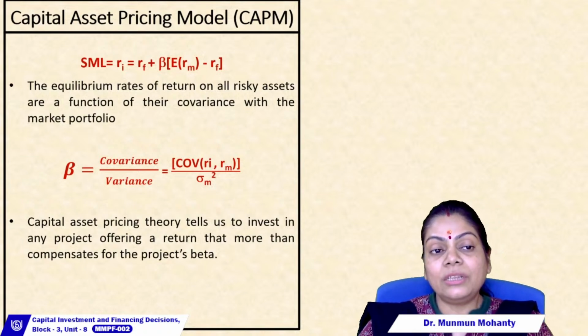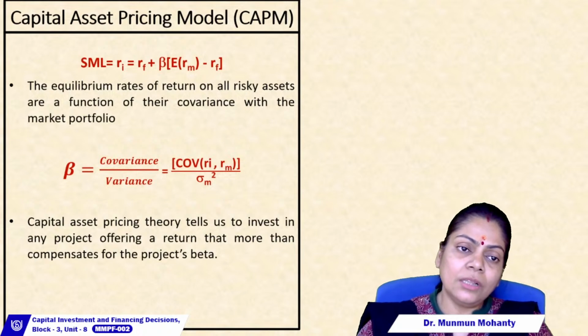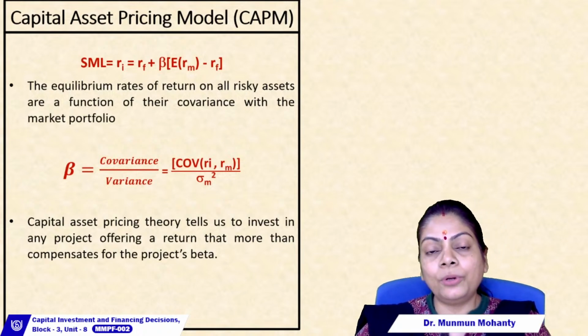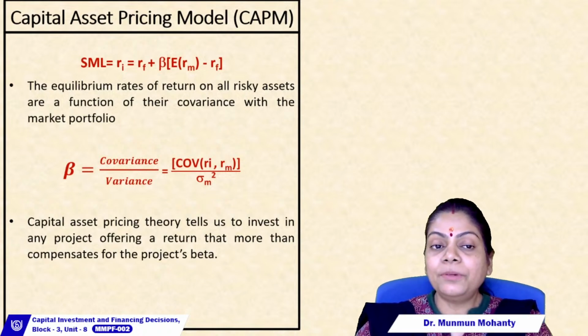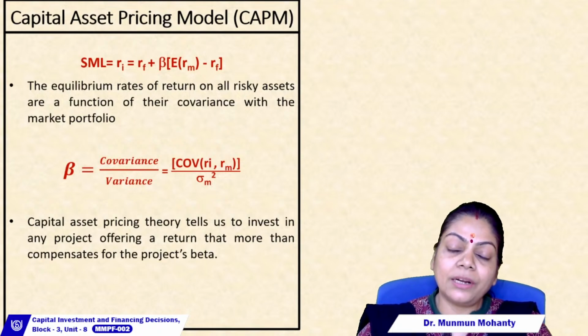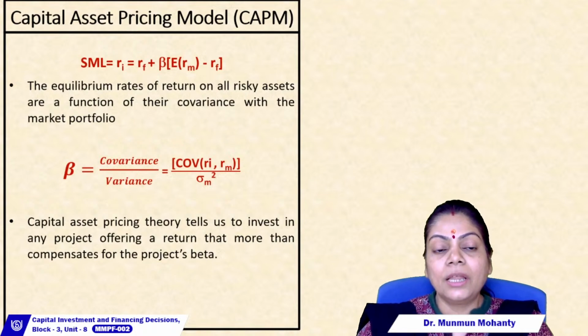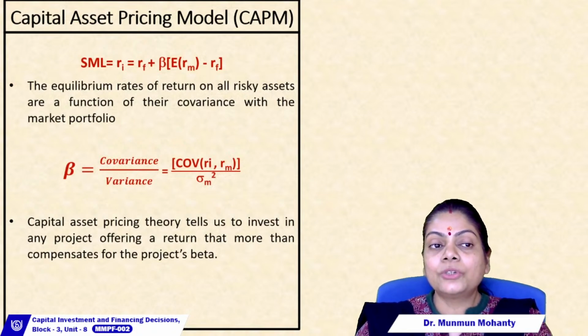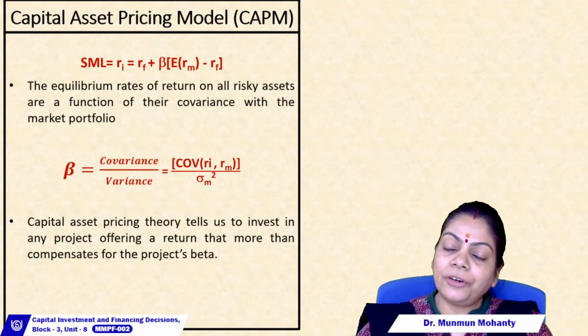Now you see in this equation, Rf, the risk-free rate of return, is constant and common to all companies. Similarly, Rm minus Rf, the market risk premium, is also constant and common to all companies. So why then do companies have different costs of capital?